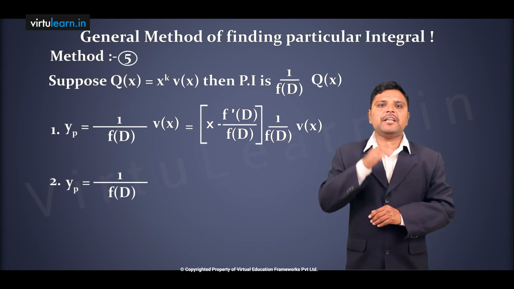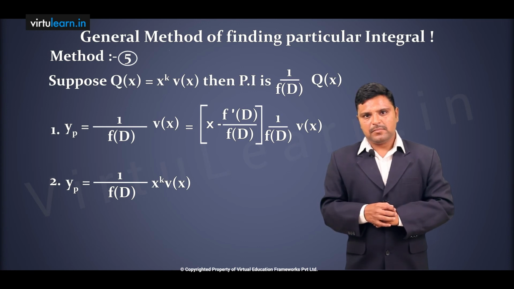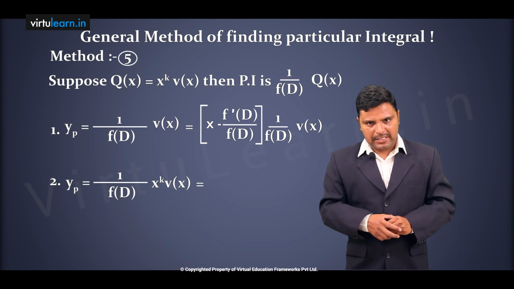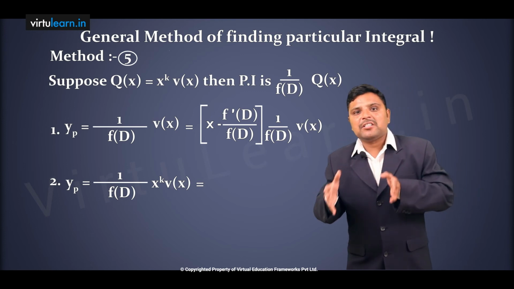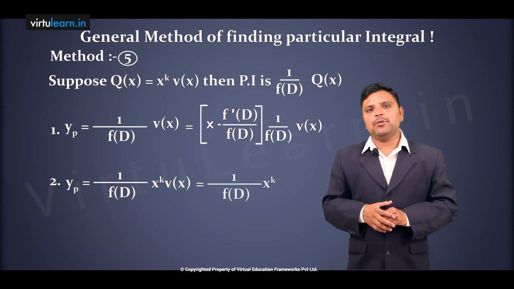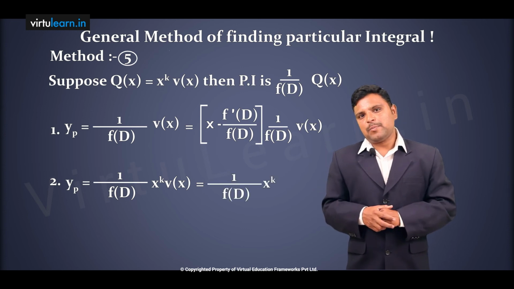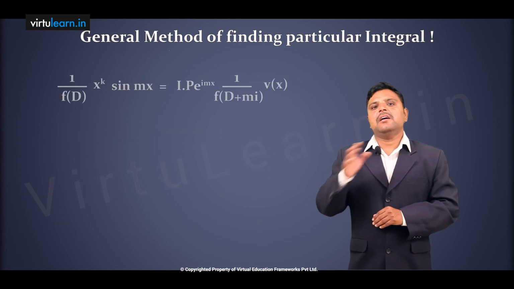1 by f of d into x power k into v of x. Then we can solve this particular integral by taking the real part and imaginary part of the particular integral. That is 1 by f of d into x power k into sin mx, where v of x is sin mx.